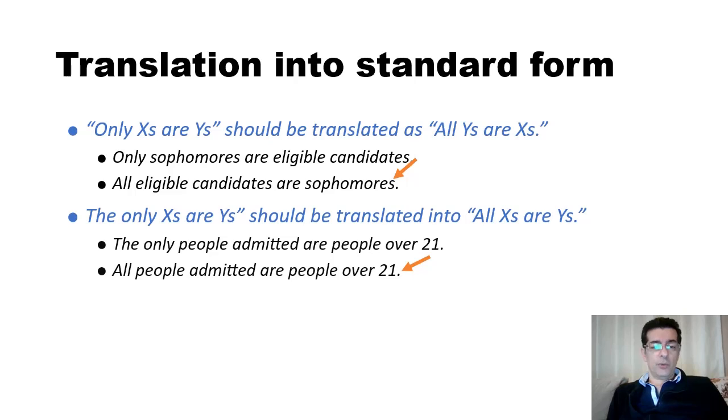So when the rule is the only x's are y's, it will translate into all x's are y's. Okay. Now let's look at some other forms to translate into standard categorical claims.